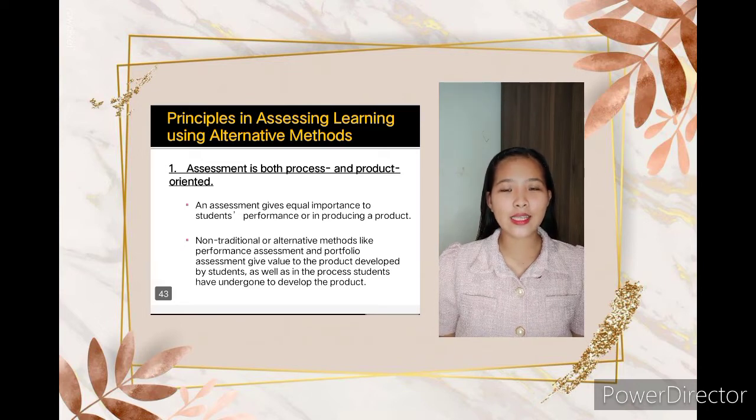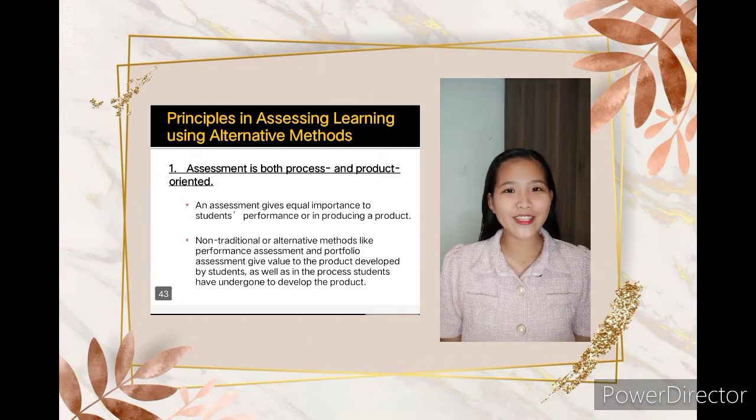When we say that assessment is both process and product oriented, it is an assessment that gives equal importance to students' performance and to producing a product. Traditional assessment methods are focused on assessing students' products or outputs, for example quizzes or exams, while non-traditional or alternative methods are assessments like conducting a laboratory experiment.